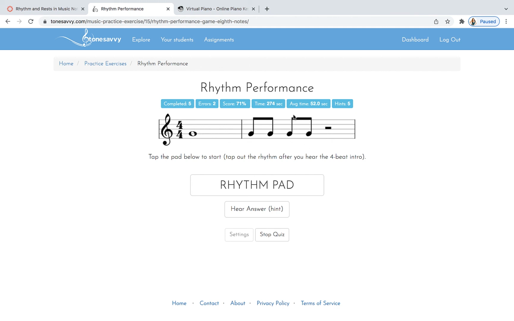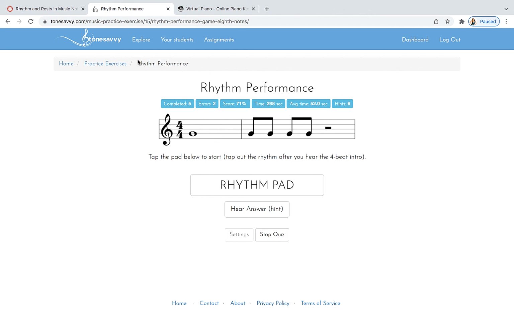That does you no good if you can't do it in time. 1, 2, 3, 4. 1 and 2 and rest, rest. So my suggestion to you is when you practice these, you do practice. You cannot get better at reading rhythm unless you consistently practice it, okay?